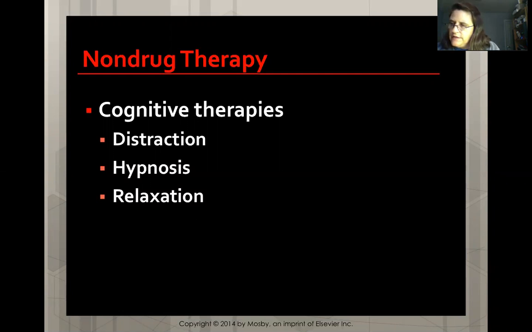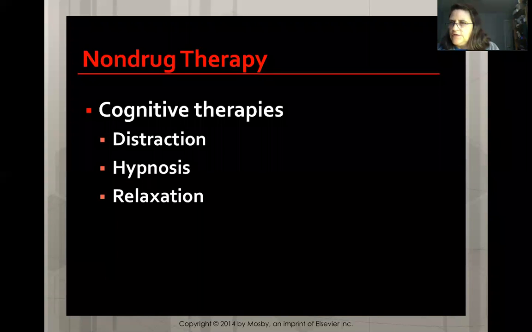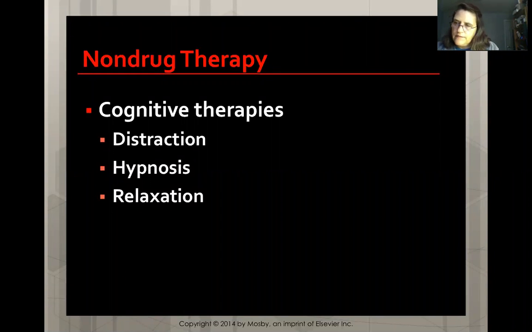So what's important for you to know is that imagery and hypnosis help control pain by affecting the patient's perception of pain. A patient can help themselves by altering their own perception, and they can use imagery and hypnosis.